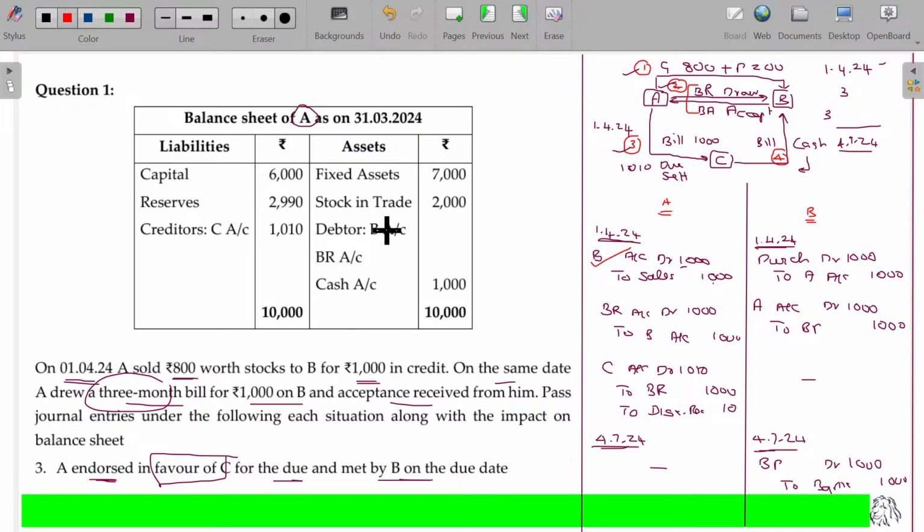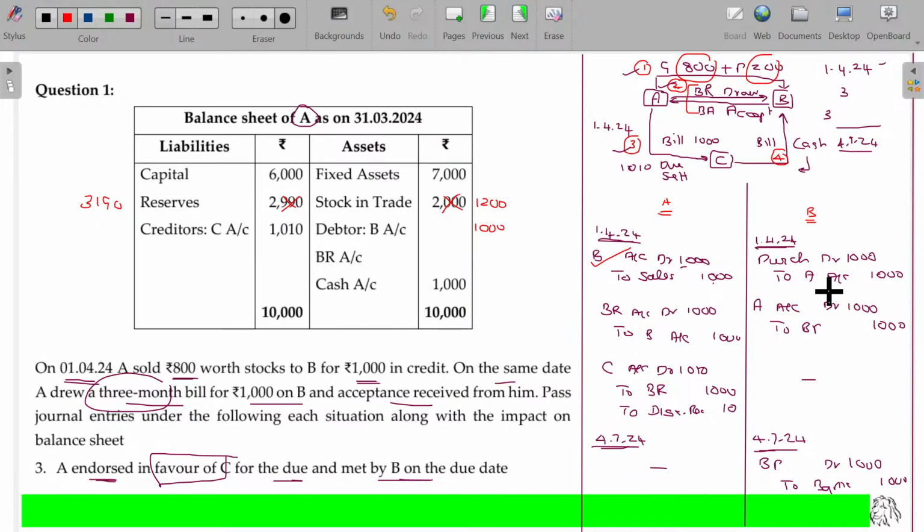For that, we get a new value here for B, 1000 rupees recoverable from B. 800 rupees worth of stock has gone, so 2000 becomes 1200. Because of this, we made a profit of rupees 200. It will be included with the reserves account. Rather than 2990, now we have the reserves of 3190. This is the change that happens immediately after the first transaction.